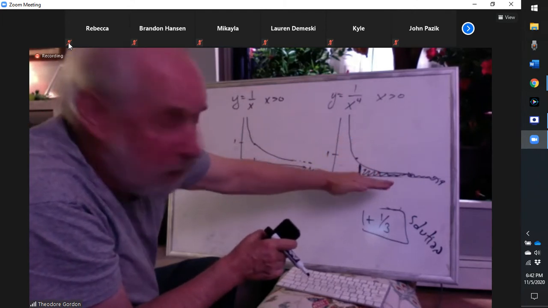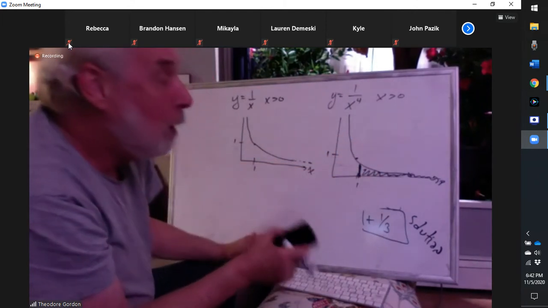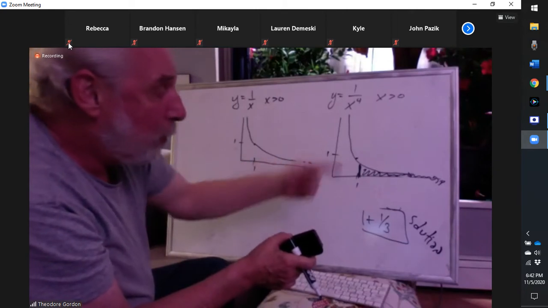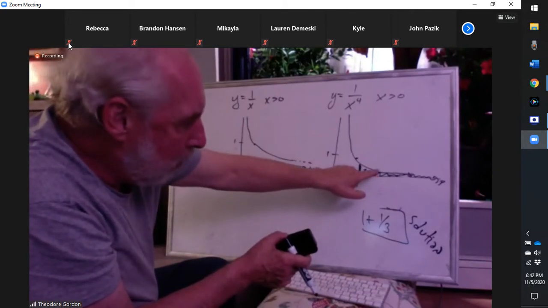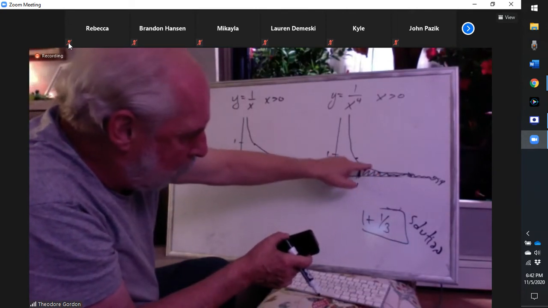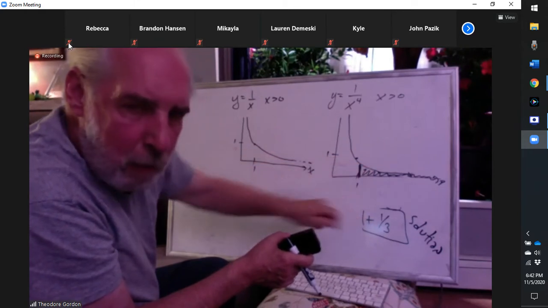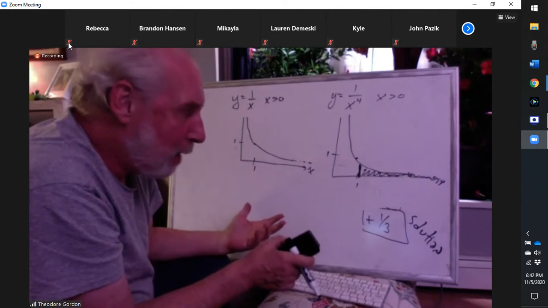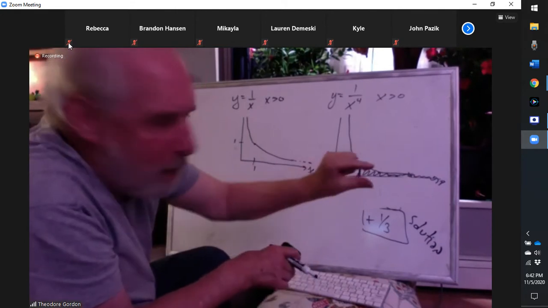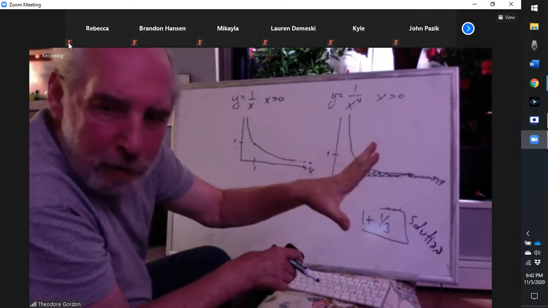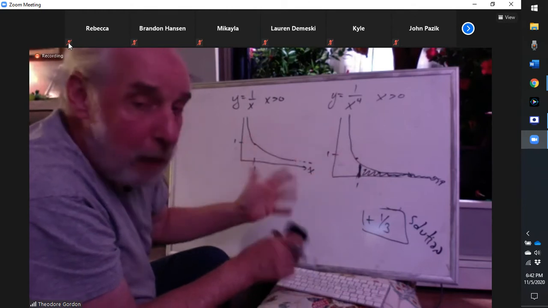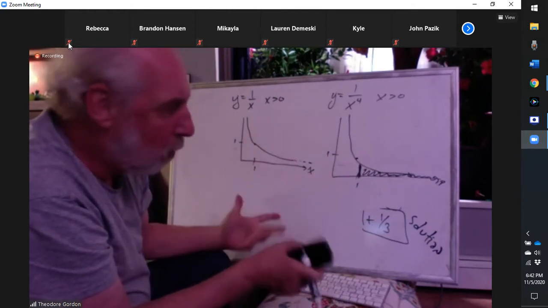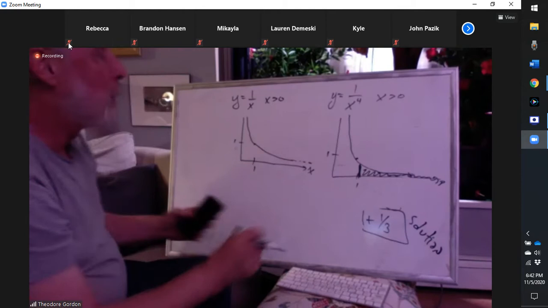It's a horizontal asymptote. But if we go all the way out to infinity, the area underneath that curve is exactly 1/3, which is kind of hard to imagine. How can it be an area when it never closes off at the end? You can always leak out. And sometimes it doesn't. So that's one way to interpret this as area.